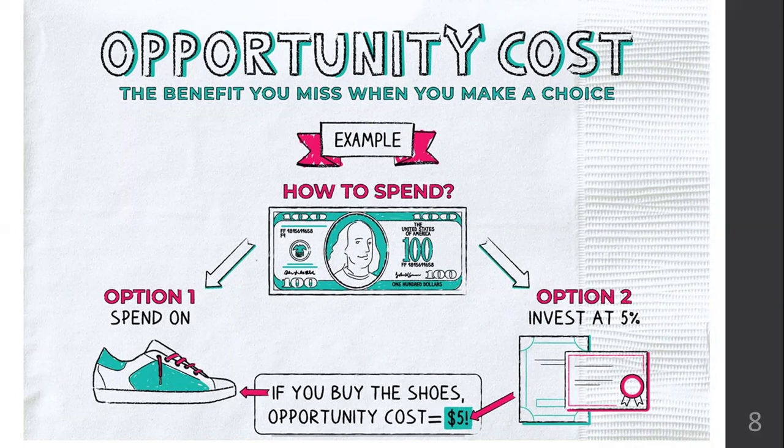So, for example, you have ₹100 to spend, or $100 to spend. You have two choices: either spend the entire $100 on shoes, or the second option, invest that $100.